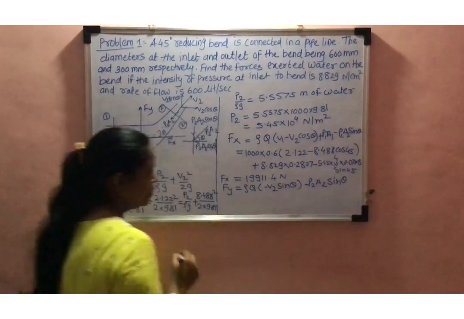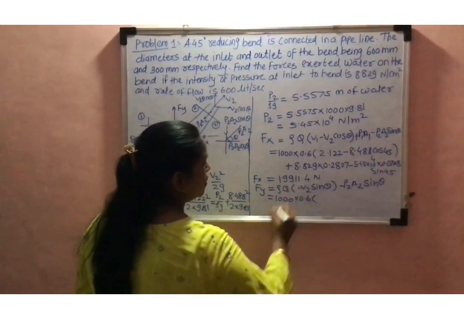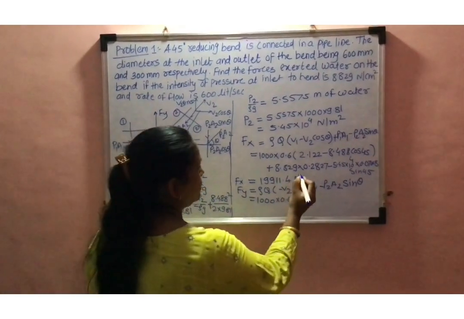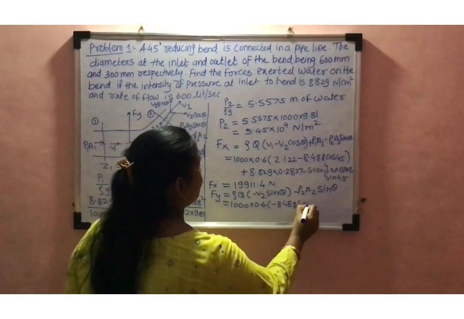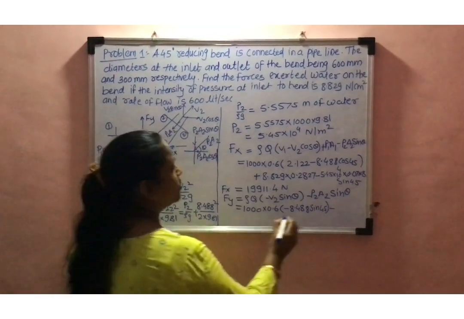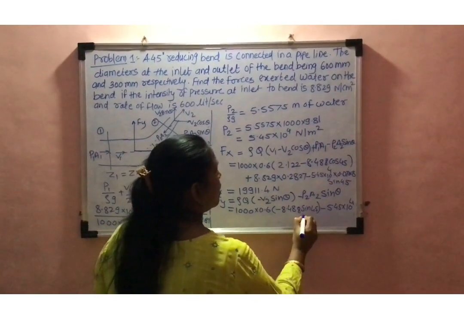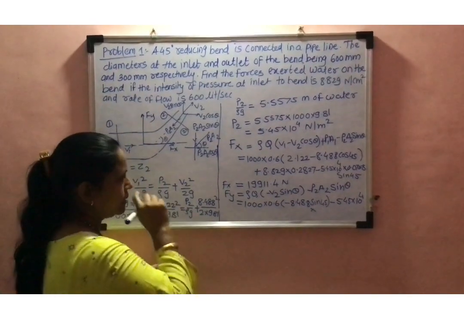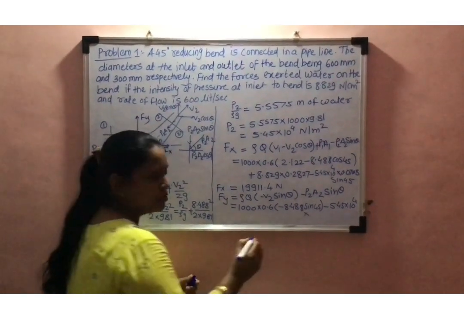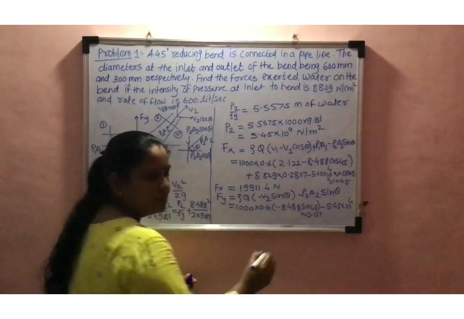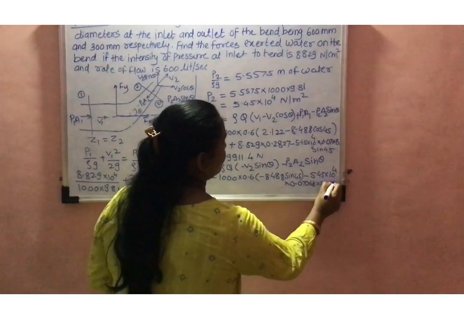Now I am going to put the values, that is 1000 into 0.6, V2, velocity at this section, minus 8.488 sin 45, minus P2, 5.45 into 10 raised to 4, into area of cross section at the second section, that area is 0.07068, into sin 45.